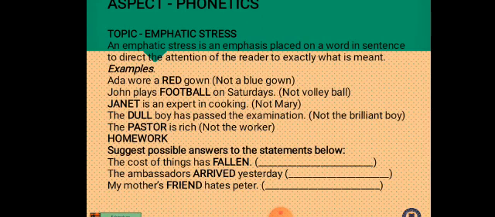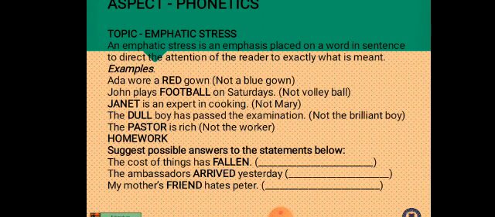Are you with me? Number 2, John plays FOOTBALL on Saturdays, not volleyball. And we have what? We have emphasized football by writing it in capital letters. This one is showing us the game that John likes playing on Saturdays. He plays no other game but what? But football.